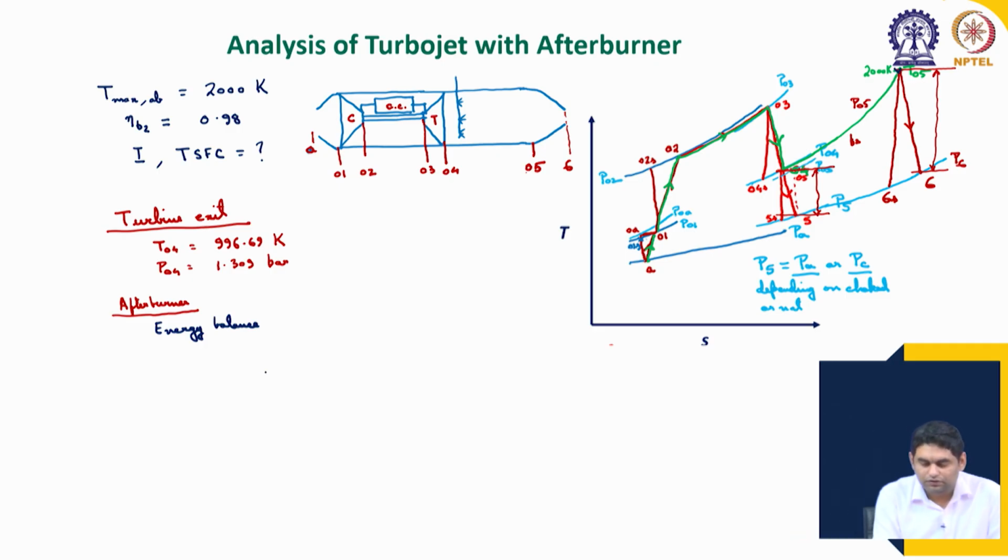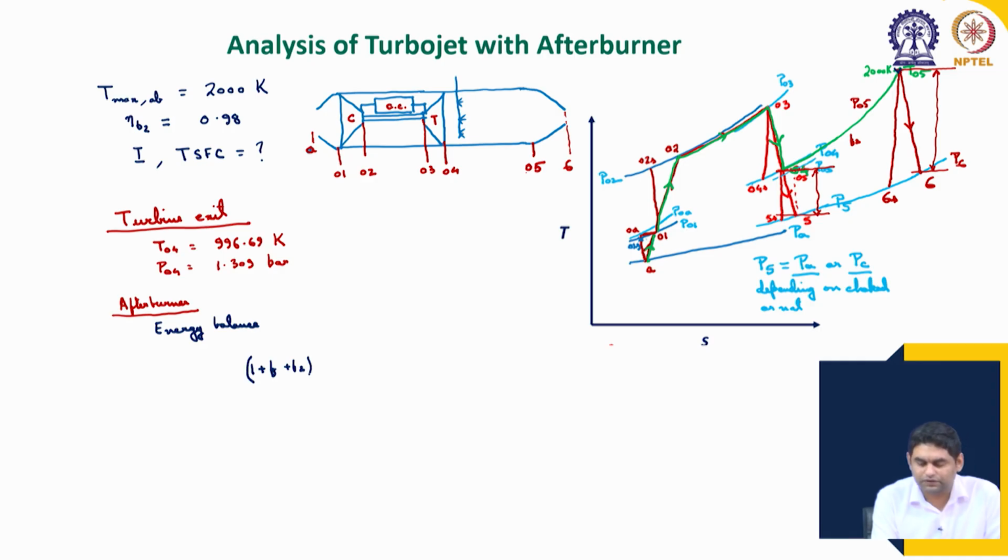The total mass flow rate there is 1 plus F, where F is the original fuel air ratio, and let us say that F2 is the additional fuel air ratio, the fuel air ratio due to additional fuel addition.